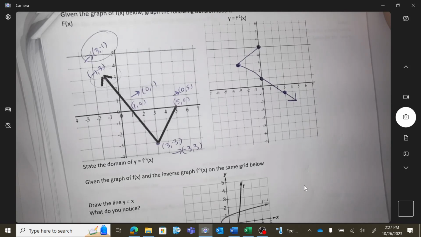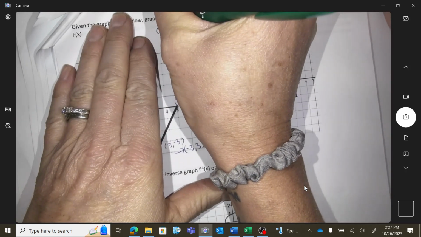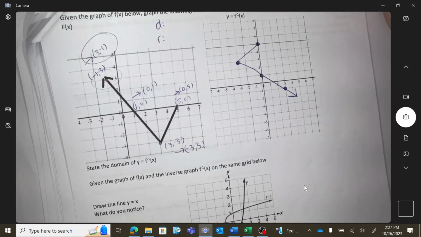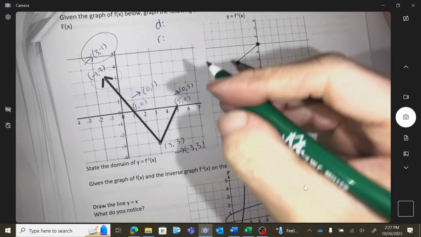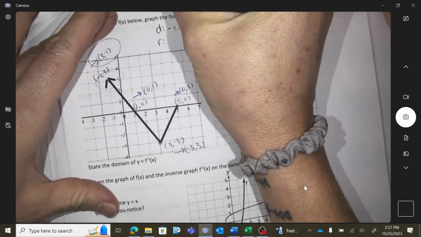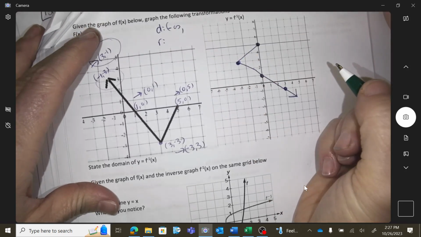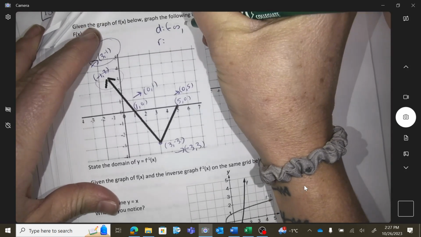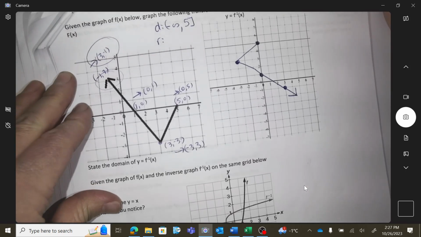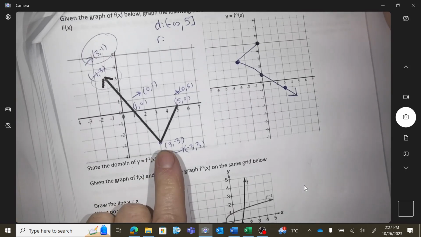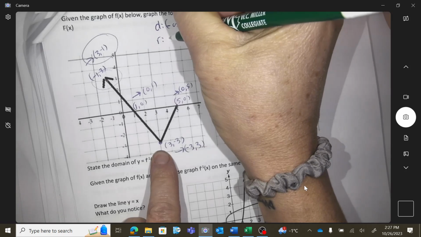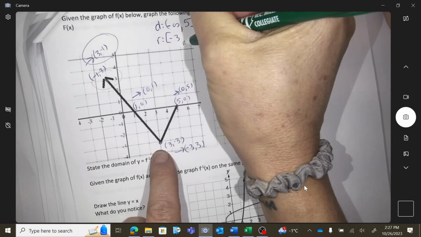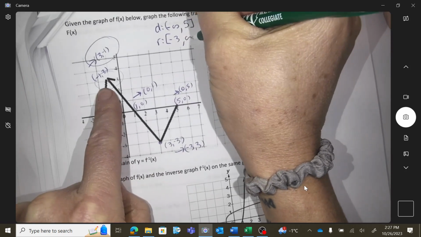Okay, we're going to do some domain and range stuff. Can you write me the domain and range of the first original graph, the f of x? The domain: left is -infinity to the most right being 5. Range: the lowest is -3 to the highest, infinity.